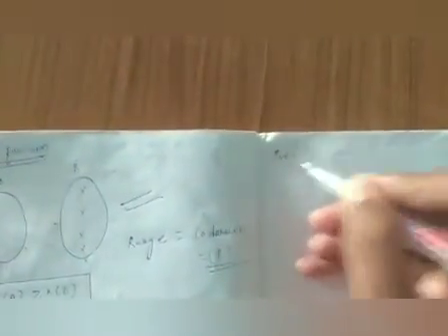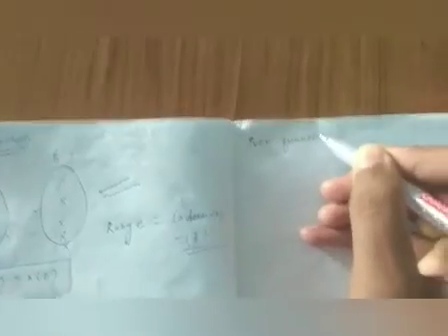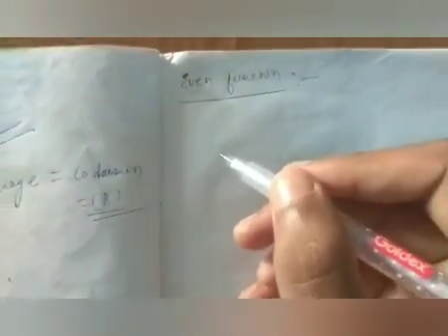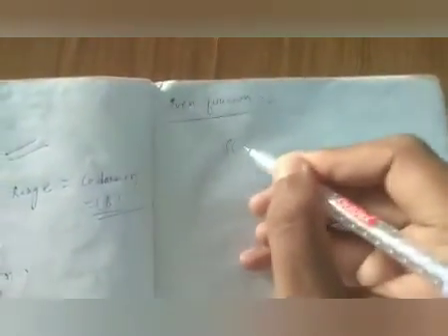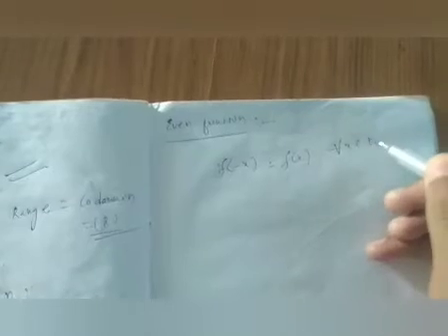It is an even function. What is an even function? A function f is said to be an even function if f of minus x equals f of x for all x belonging to the domain of that function, right?